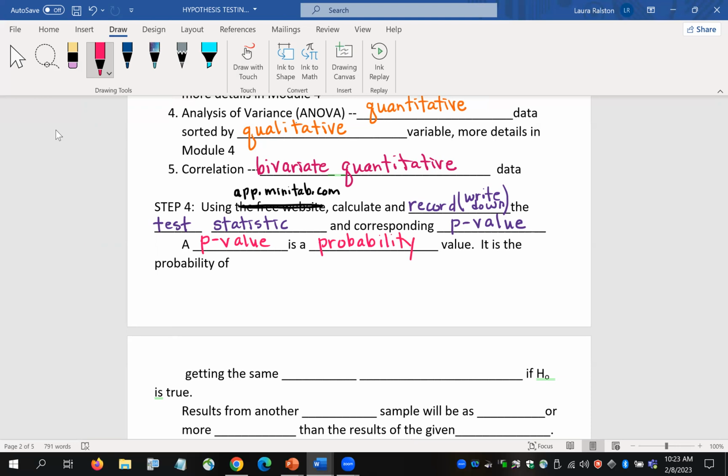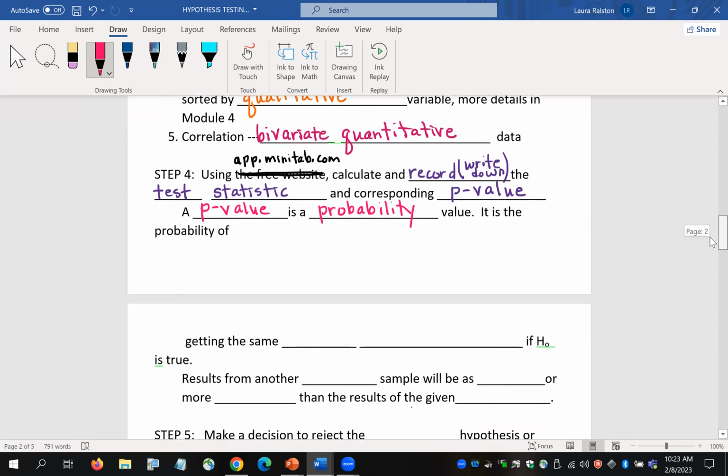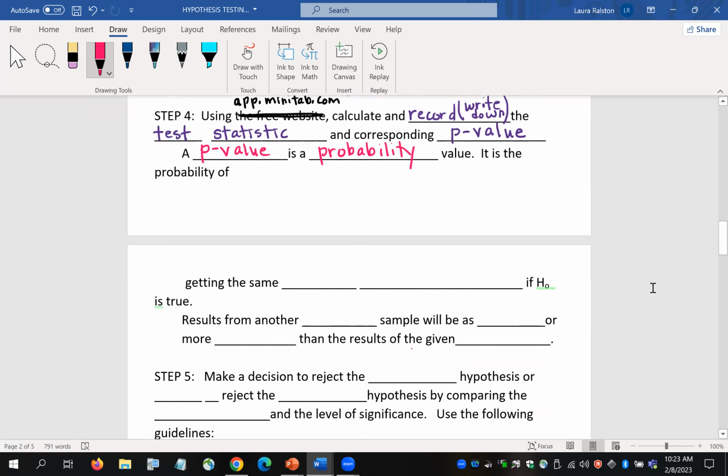That's why it's called a p-value. The p-value is the probability of getting the same test statistic over and over and over again if the null hypothesis is true.